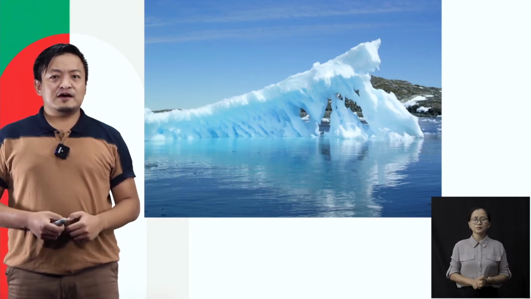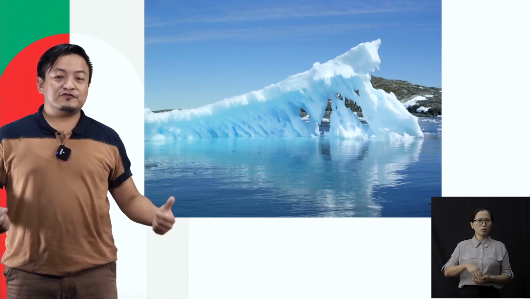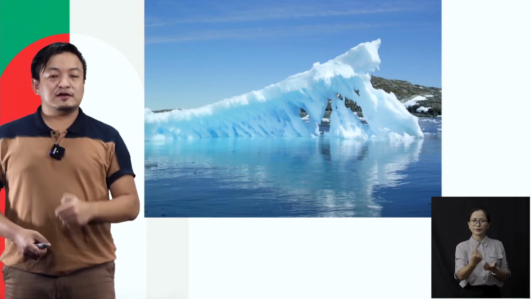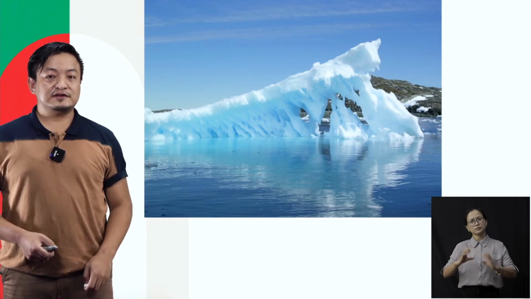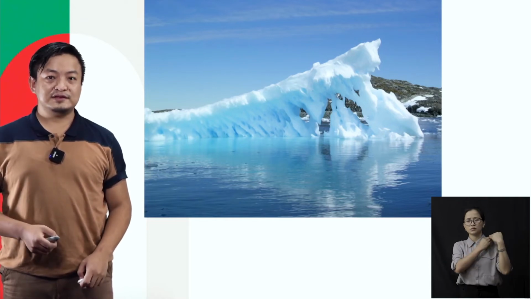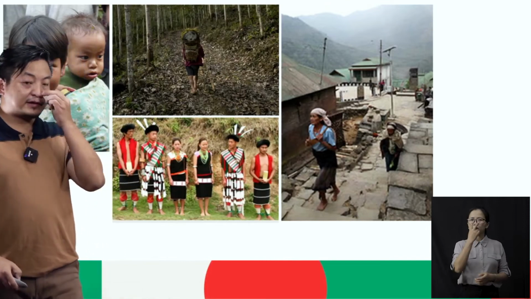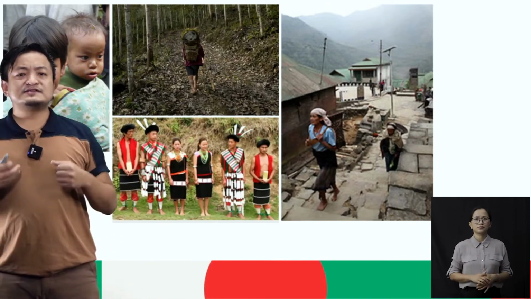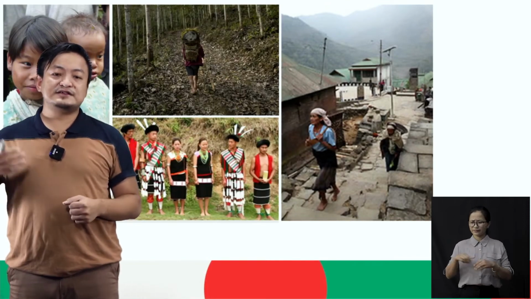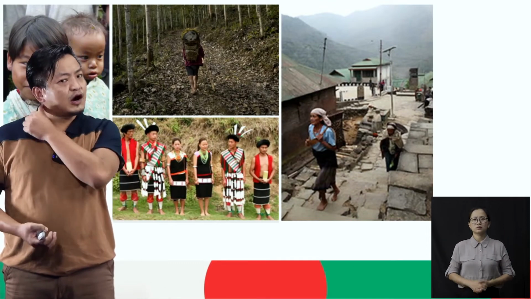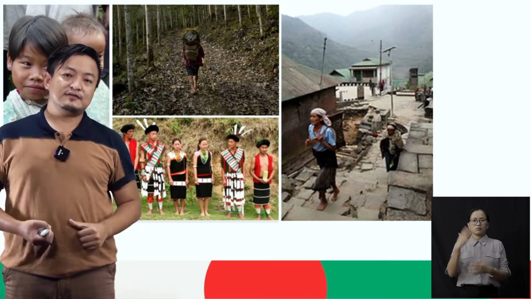So students, we all know how beautiful are all these natural features. To take care of these natural features is our responsibility. Okay? So students, now you can see here, we can see forests, we can see different people, right?